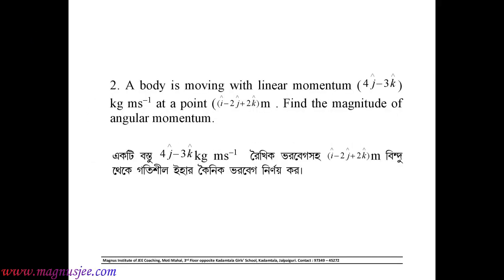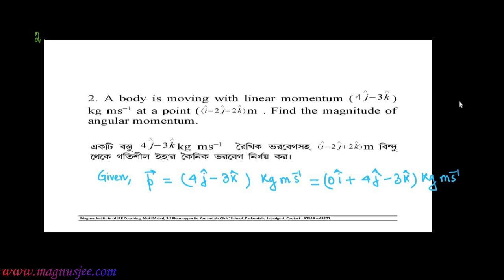Numerical number 2. A body is moving with linear momentum 4j cap minus 3k cap kg meter per second at a point i cap minus 2j cap plus 2k cap meter. Find the magnitude of angular momentum. According to this numerical, linear momentum vector P is equal to 4j cap minus 3k cap kg meter per second.